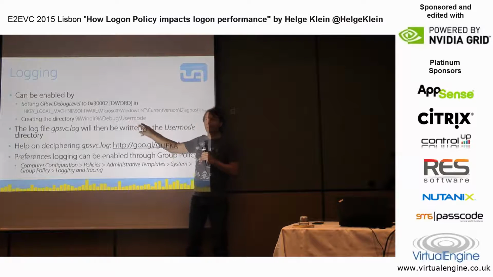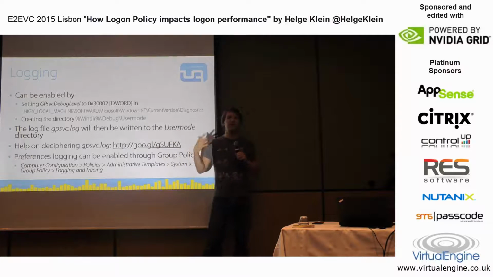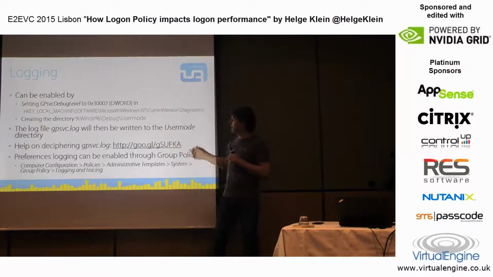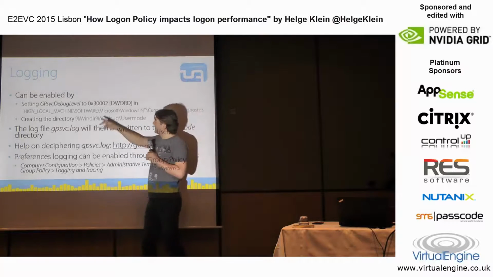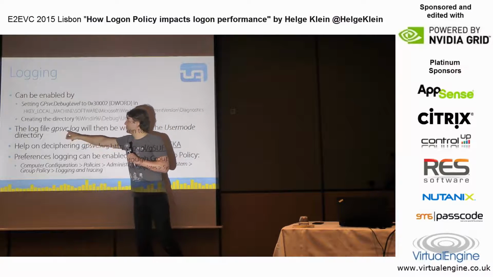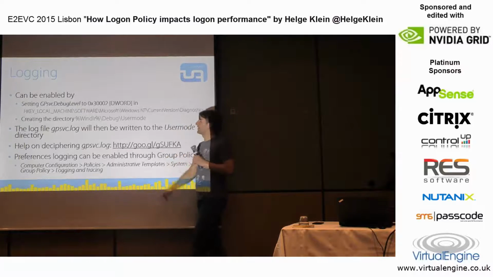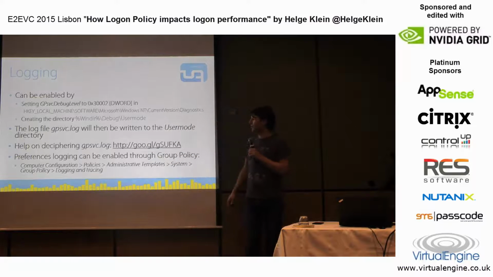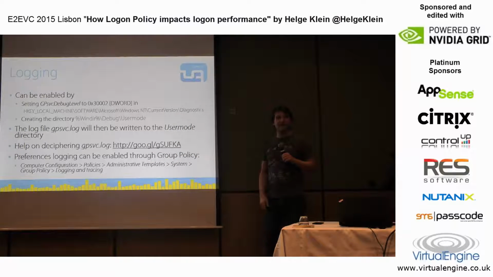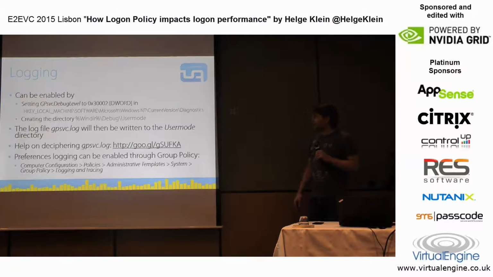If you don't do that, the things will not be logged, so you won't find the log file afterwards, which can be confusing. But if you do create the directory and that registry value, you will find a file gpservice.log, and that file is a little bit, how do you say, arcane. There are easier log files to read, let's put it that way.